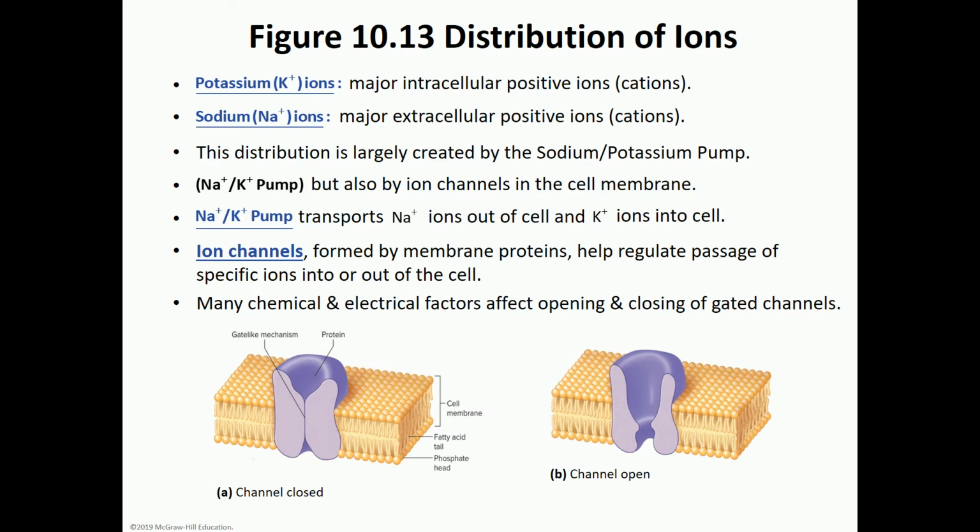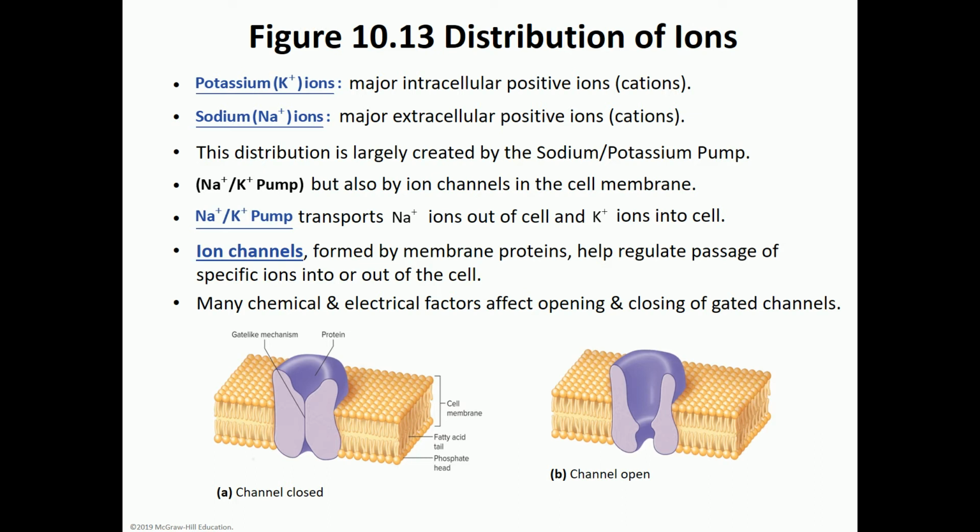What keeps them in check and keeps that distribution where potassium is always higher on the inside and sodium is always higher on the outside would be that sodium-potassium pump. Now, which one is more important in maintaining polarity across the cell membrane? That is actually potassium. So potassium plays a bigger role than sodium does in maintaining what is known as the resting membrane potential.